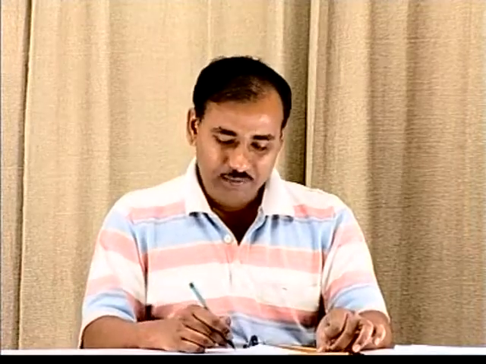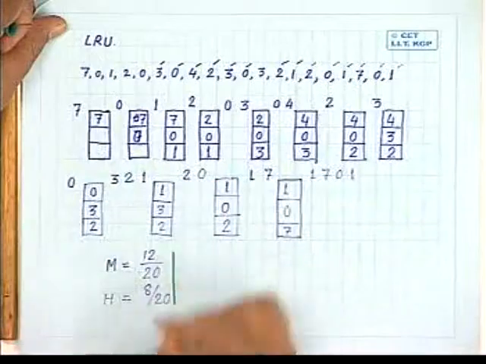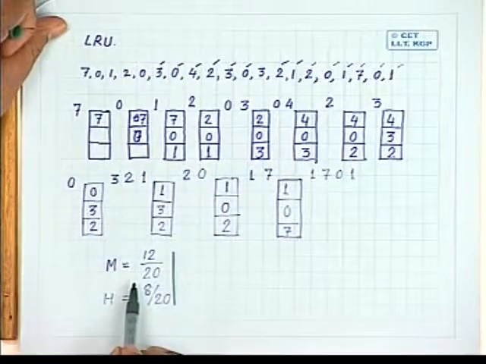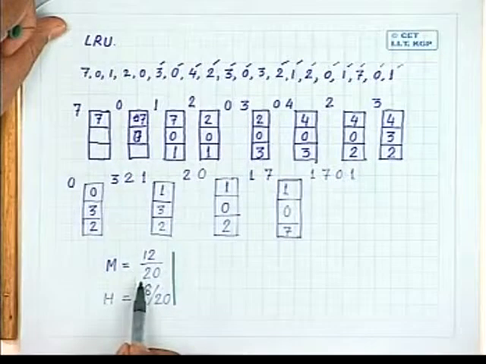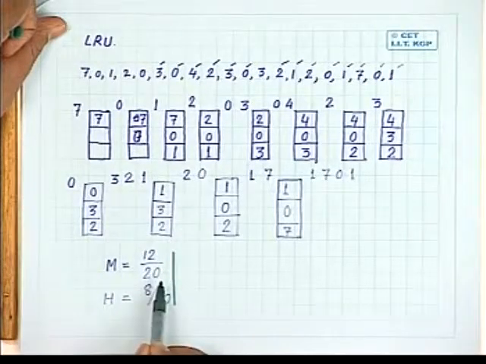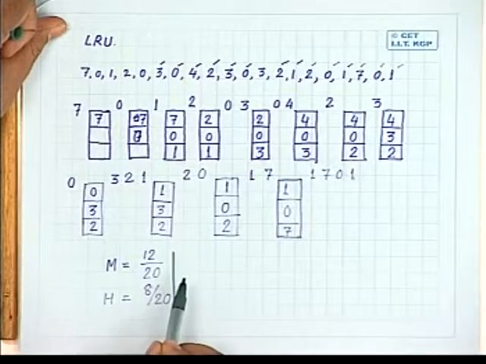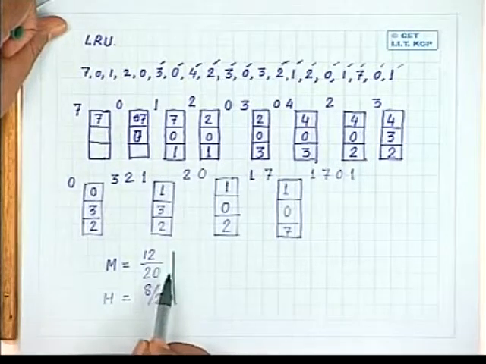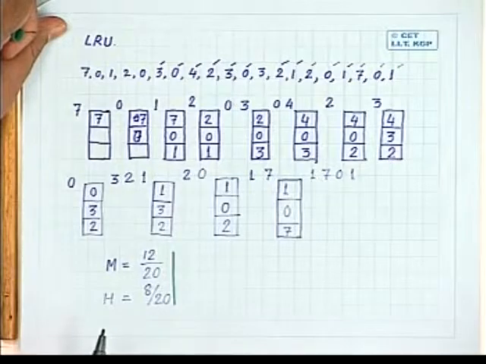Okay, so the LRU technique is an approximation of the optimal algorithm, and we have seen that its performance is better than that of FIFO, but obviously it is less than that of the optimal algorithm because the prediction is not always true. Okay, but in most of the cases the prediction will be true.